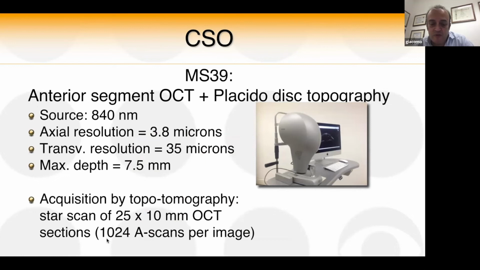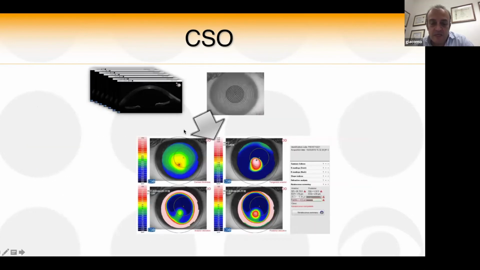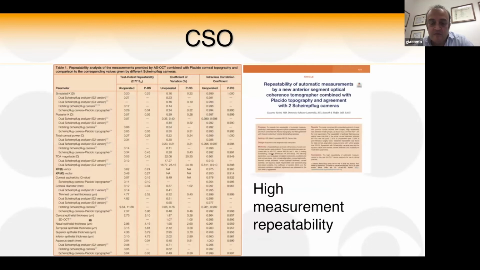I prefer to use the 25. All these images are merged to have the anterior and posterior data. We previously found that there's a very high repeatability of measurements and a good agreement with both Sirius and Pentacam.